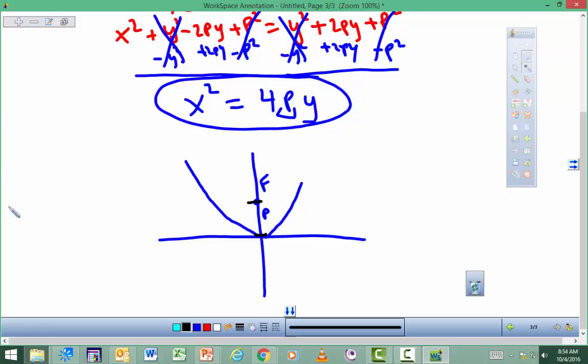So what it means is that when we write the equation in this form, we can find the focus point real fast. And consequently, we could actually find that directrix because this is negative p down here. And so then we just draw our parabola. Okay, so that's kind of where these equations come from.